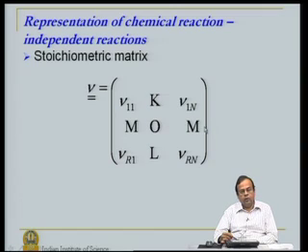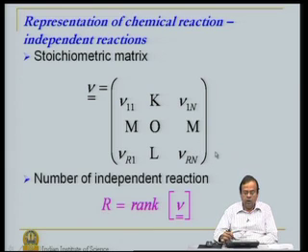For those who are mathematically inclined, you would have now figured out the way to find the independent reactions. How? I will repeat, my third reaction is the sum of the first 2 reactions, or in other words, my third row of this matrix. What is the dimension of this matrix? It is R by n. My third row is dependent on the first 2 rows.